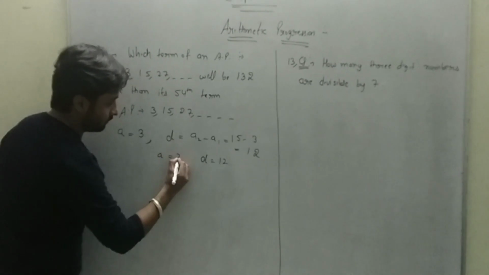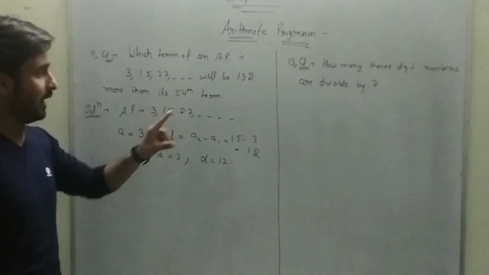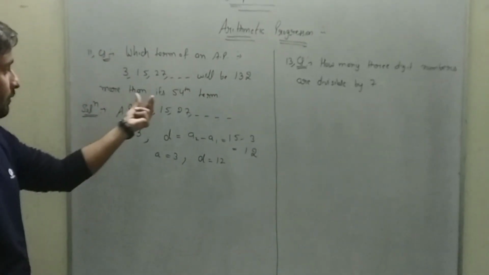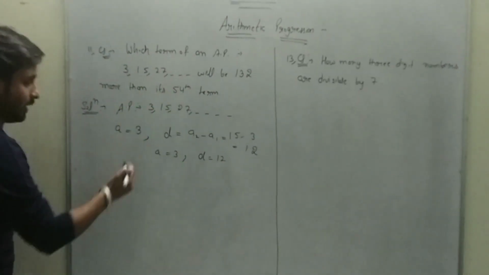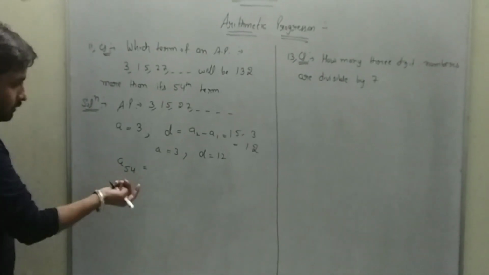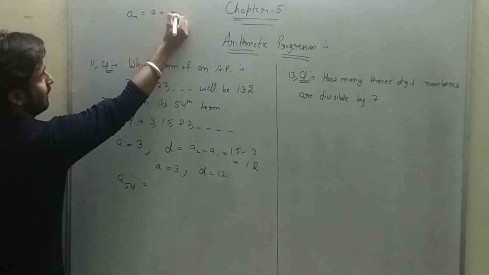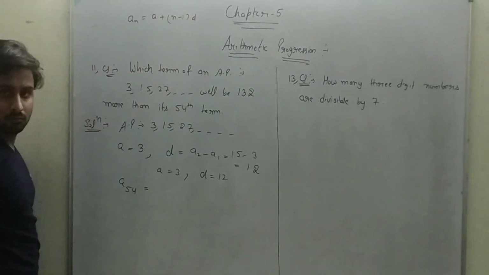a is 3. First we want to find its 54th term, then we add 132 to that. So first we will find the 54th term, that is a54. You know the formula: an is a plus (n minus 1)d, right?